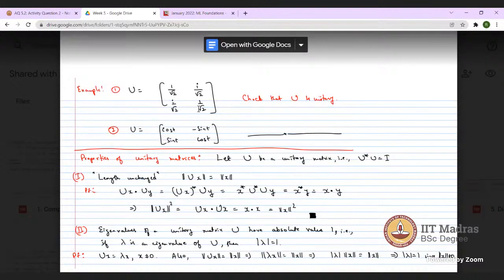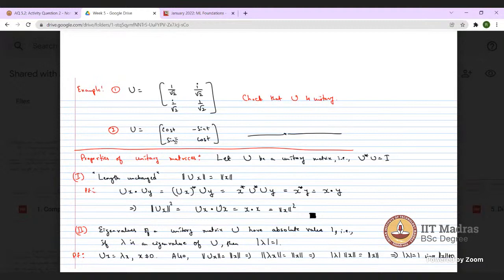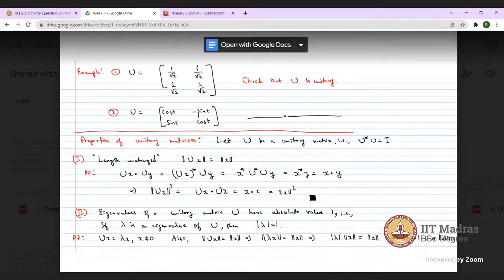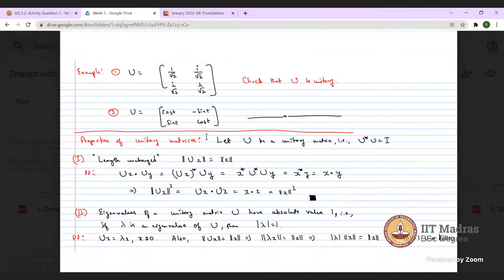The same goes for i by root 2 and 1 by root 2. Here for cos t and sin t, the magnitude is equal to 1 because cos square t plus sin square t equals 1. Similarly, the same goes for the second column in this second example matrix.